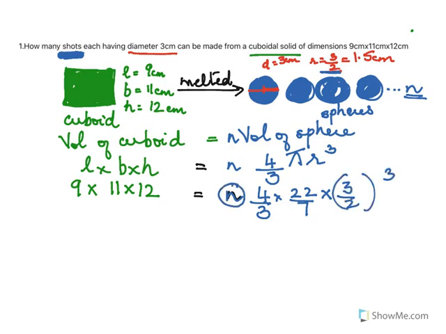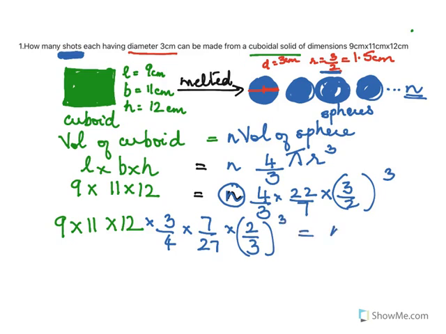Now we need to find n, so we take all the other terms on the other side. So we have now 9 into 11 into 12. When the 4 by 3 comes up on this side, it will be 3 by 4, and the 22 by 7 will come as 7 by 22, and the 3 by 2 will be 2 by 3 the whole cube, which is equal to n. And after you work this out and you cancel and reduce it, your n will be equal to 84.